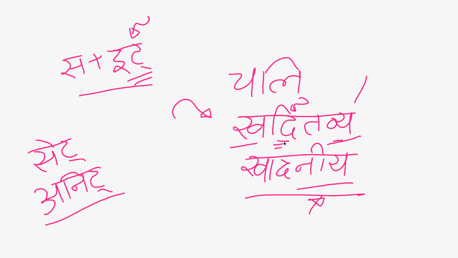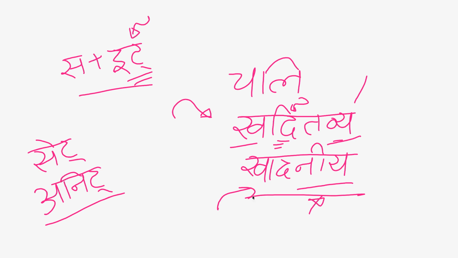So it becomes khaditavya, chalitavya, because chal is a set dhatu and khad is a set dhatu. Whereas gam is an anit dhatu, so it doesn't become gamitavya, it's just gantavya. Same as the drashya dhatu, drashtavya. There is no e there.